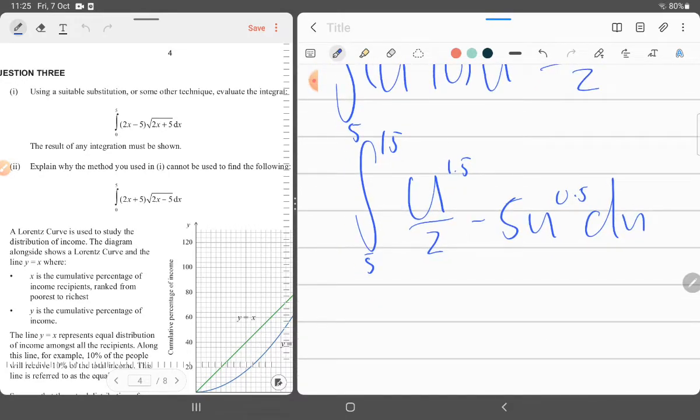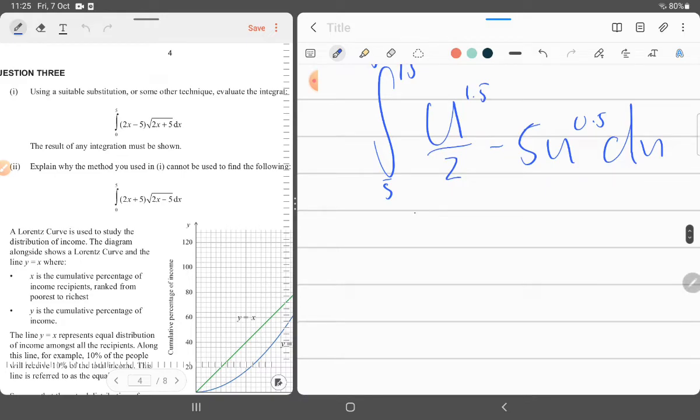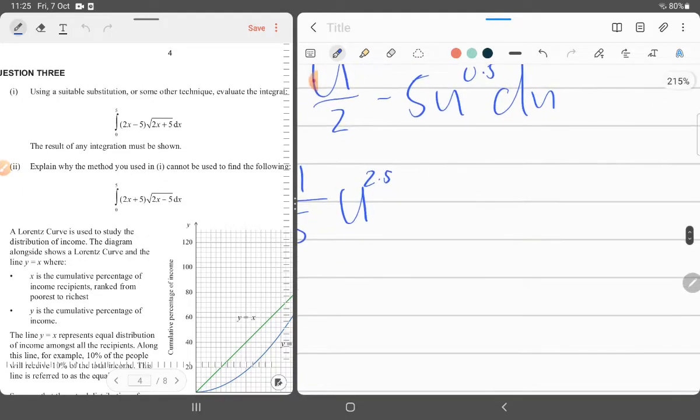That'll be 1 over 5 u to the power of 2.5 take away 10 over 3 u to the power of 1.5. Is that correct? Yeah, I think that is correct.